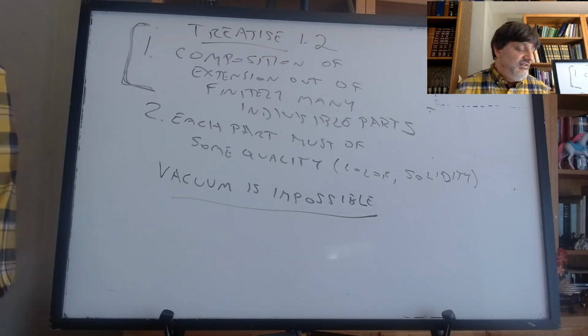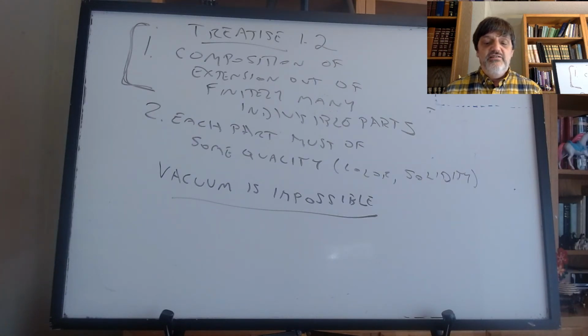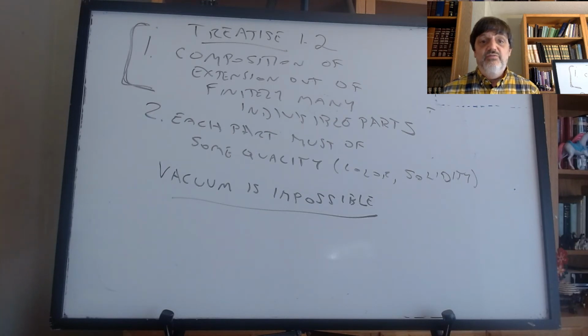Because Descartes doesn't think that solidity is a real property of bodies. He thinks only size, figure, motion, and number are properties of corporeal substances, not solidity. So he thinks there would be no difference between a body and a vacuum, or to put it another way, everywhere there's extension, there's a body.